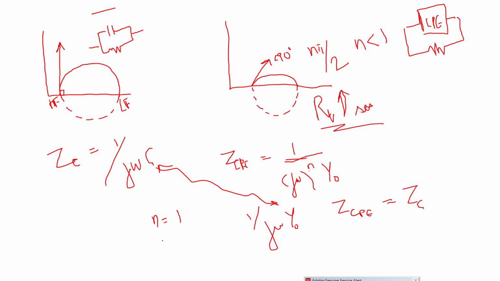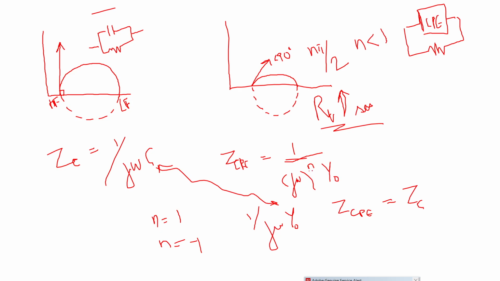Now what will happen when n value is equal to minus 1? What can it be approximated to? A resistor, is it?